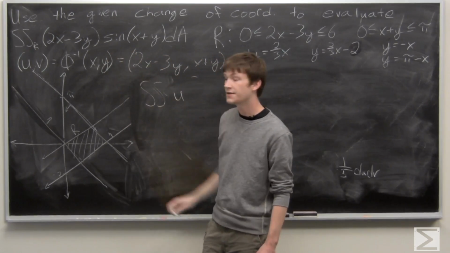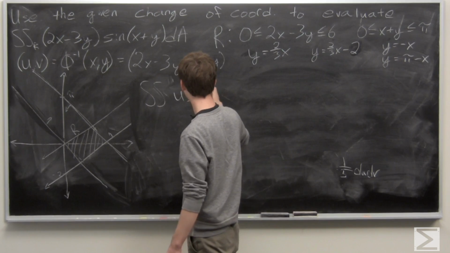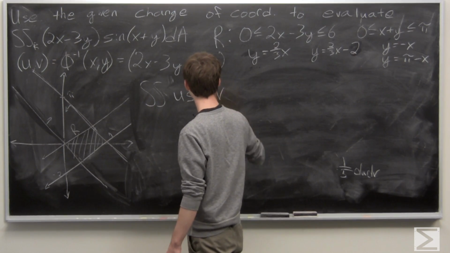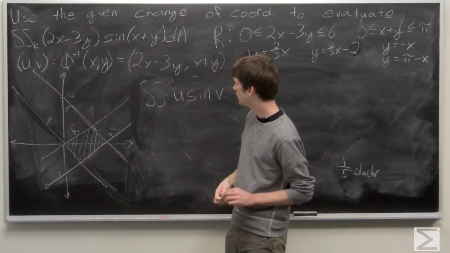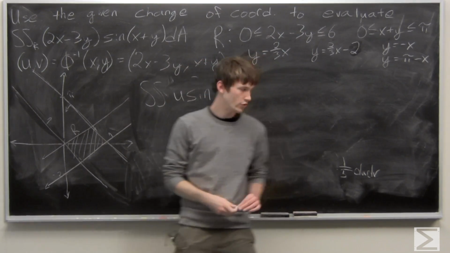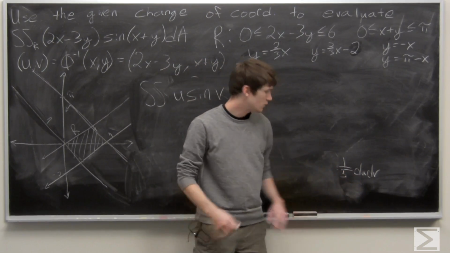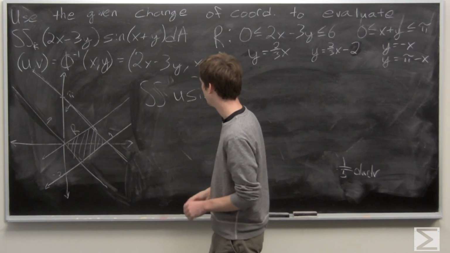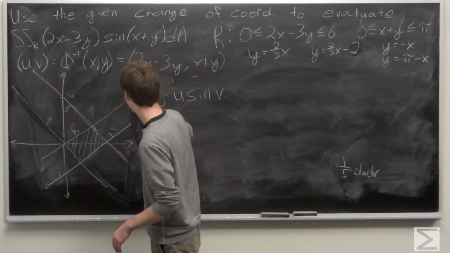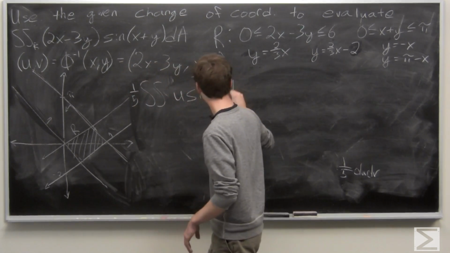Second term is sine of v. So we have u sine v. dA, remember, we just computed as 1/5 du dv. So we'll bring 1/5 on the outside.